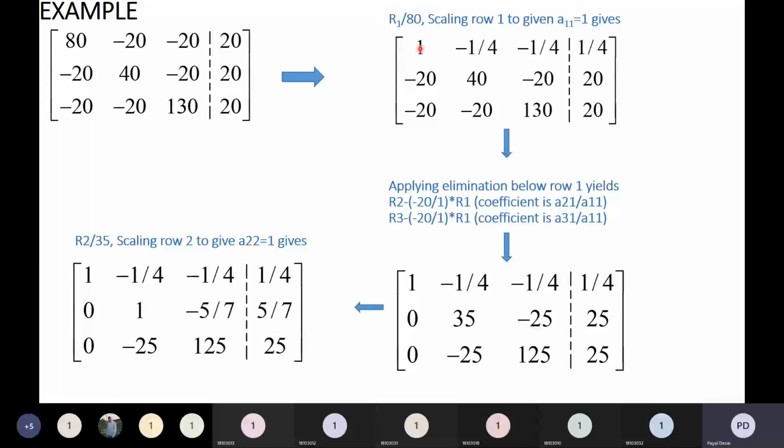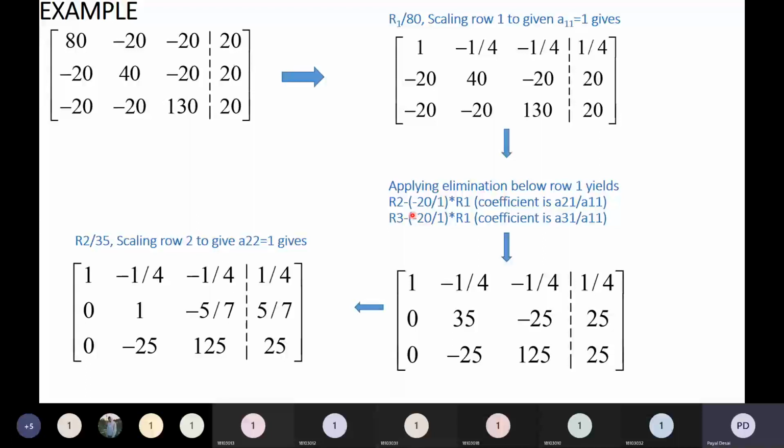You use this element in the denominator: minus a21, which is this element, divided by 1, multiplied by row 1.